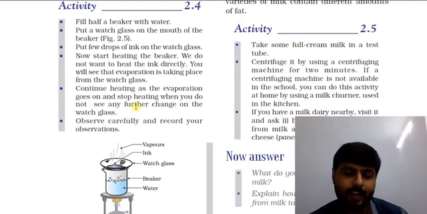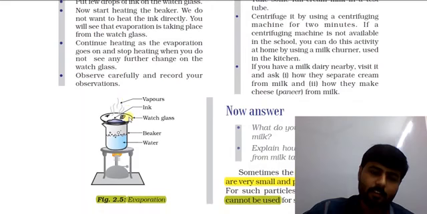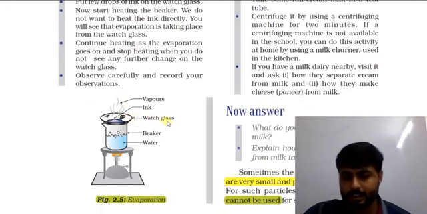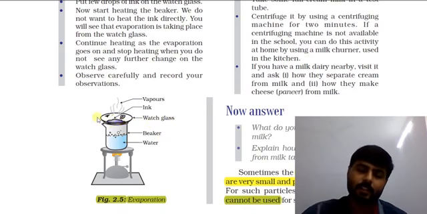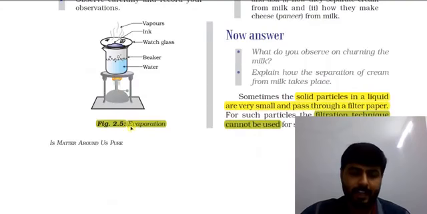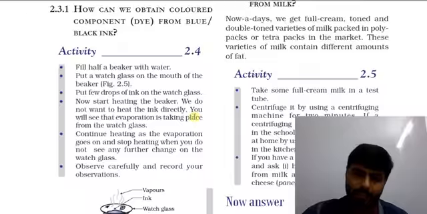In this way, the ink gets heated and the component in it that is volatile gets evaporated. We continue this heating till we don't have vapor anymore and there is no change in the watch glass. This is the technique we call the evaporation technique.